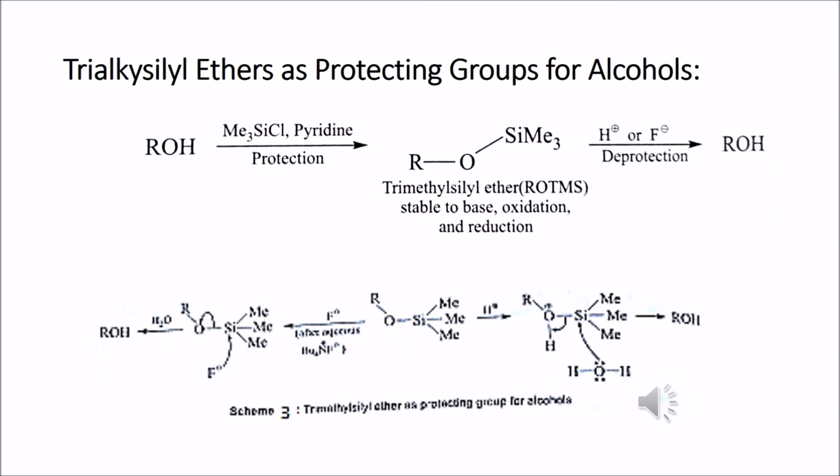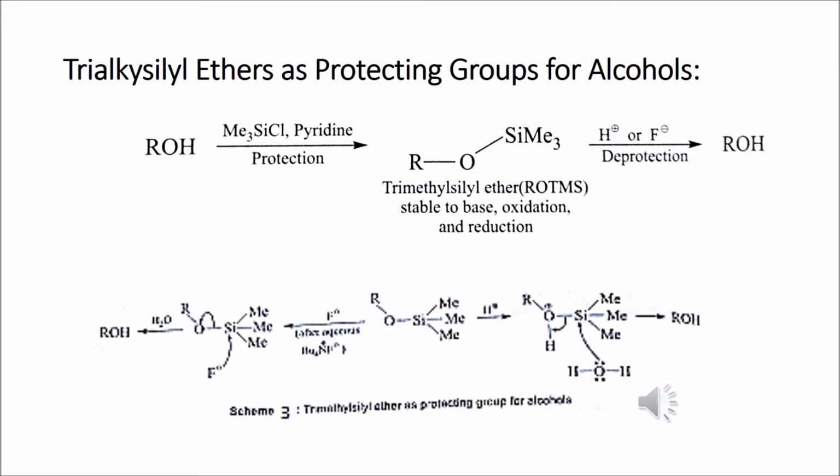Trialkylsilyl ether derivatives such as trimethylsilyl, that is TMS ethers, have also found widespread use for the protection of alcohols in organic synthesis. These are prepared by reaction of alcohol with trimethylsilyl chloride in the presence of a base.